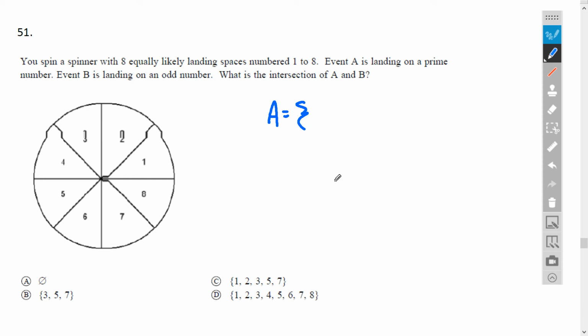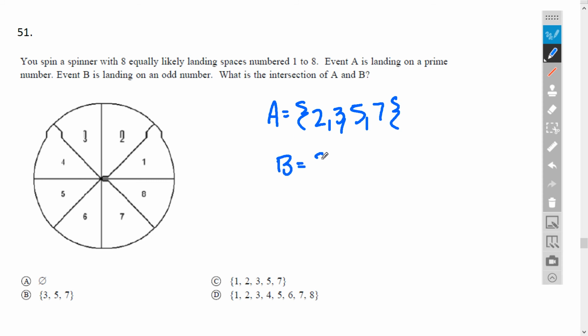Prime numbers only have 2 factors, 1 and themselves. So 1 would not be a prime number because 1 does not have 2 factors. But the first one to have 2 factors is 2, and then 3, 5, 7, and those are all the prime numbers up to 8.